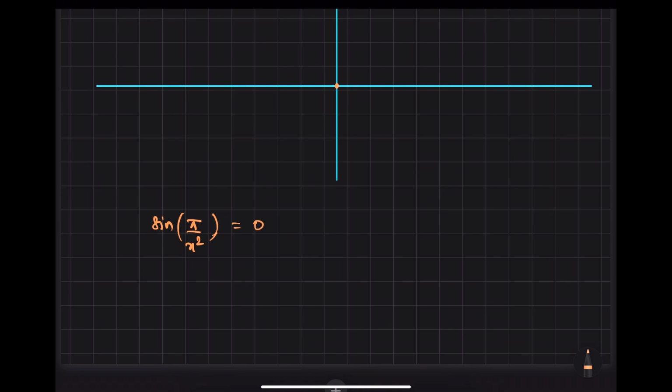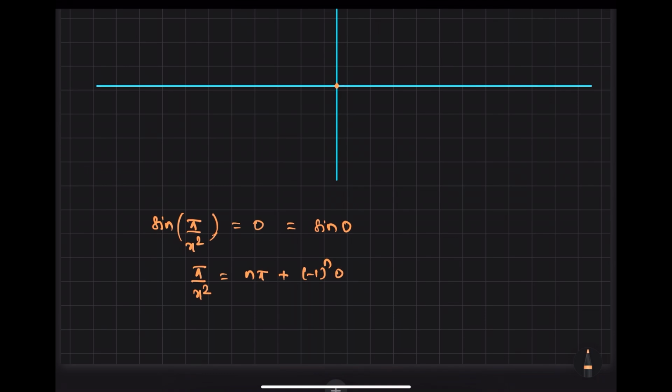If I divide both sides by x square, we will be left with sine pi by x square equals to 0. Now, do you remember the general solution when we studied trigonometry? Like sine theta is equal to 0. Sine produces 0 at 0 degree. The general solution is theta equals n pi plus minus 1 power n alpha.